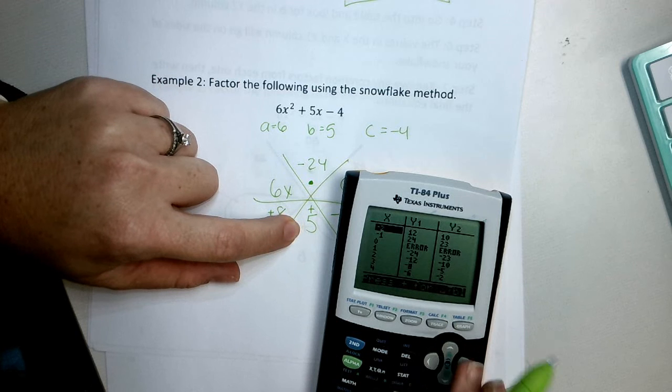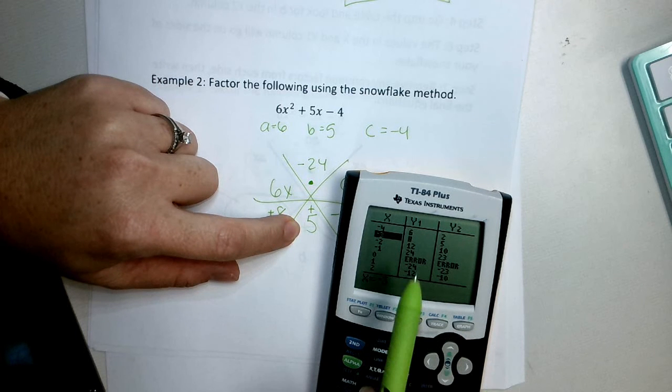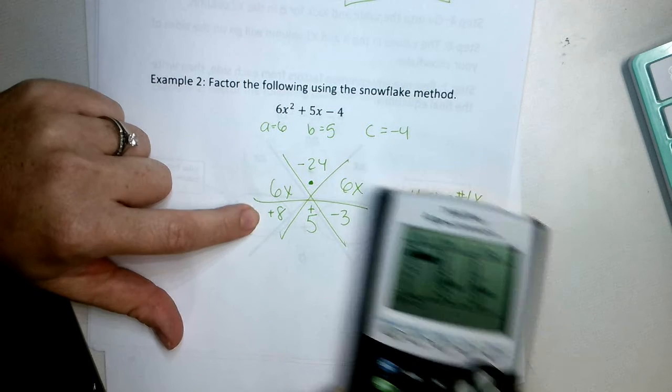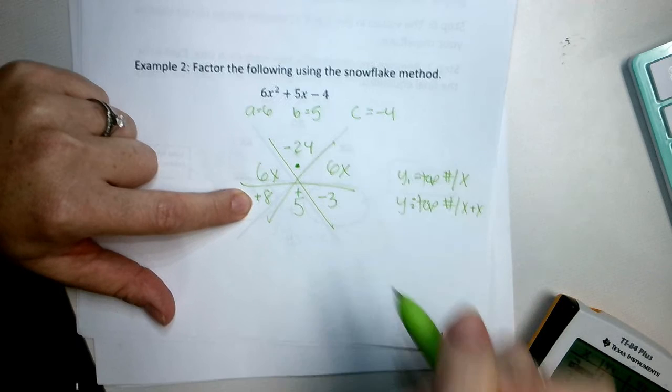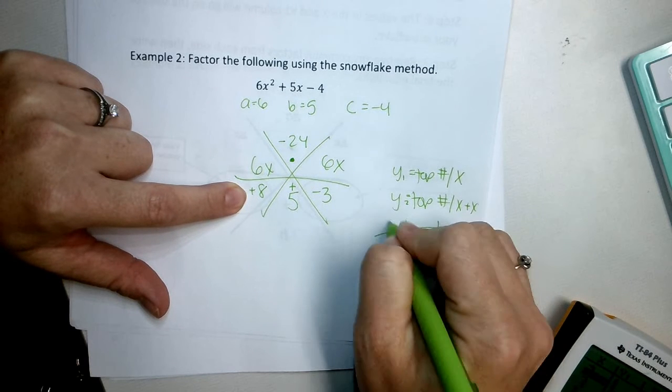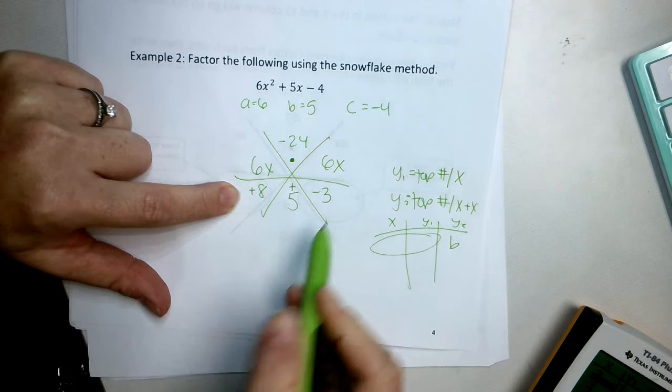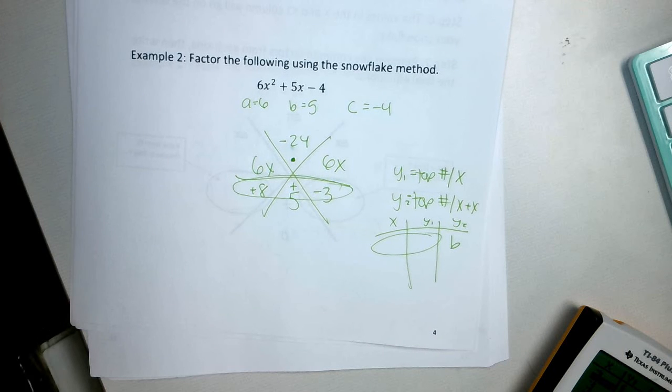So we have a positive 5. Do you see how we have negative 3, positive 8 with a positive 5 in Y2? So that's how we know those two numbers. So then you look for your B value here, and those are going to be those numbers. Okay?